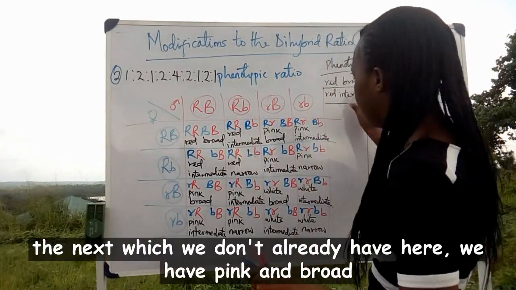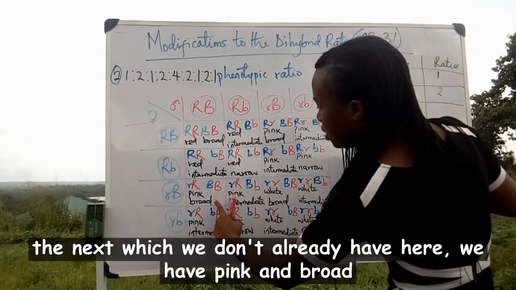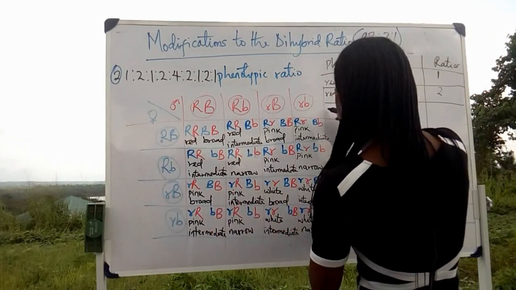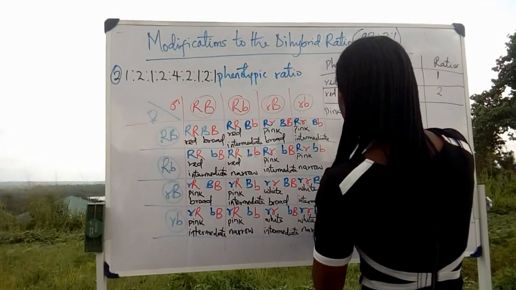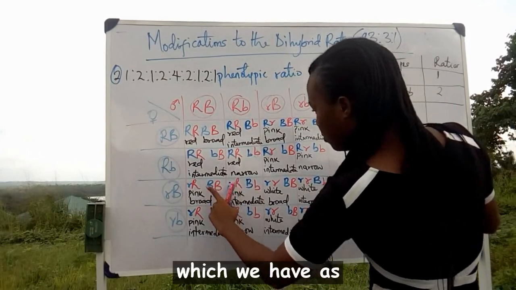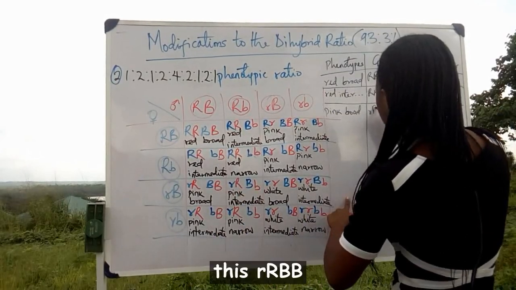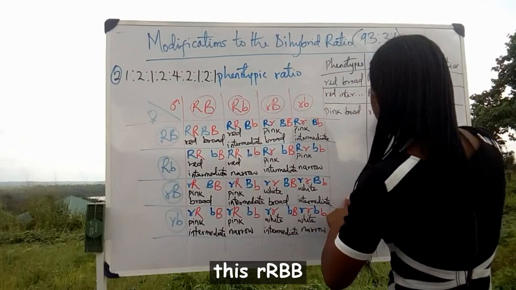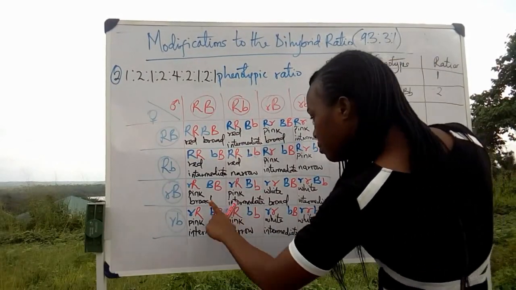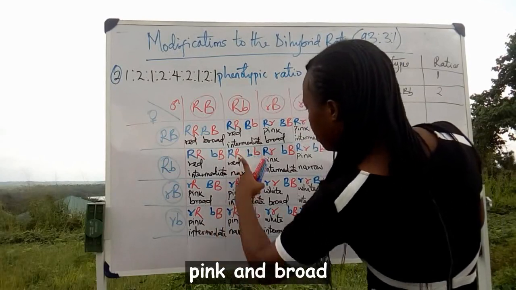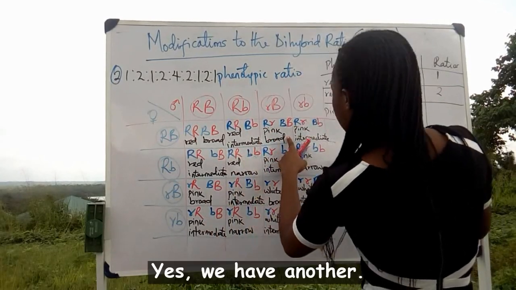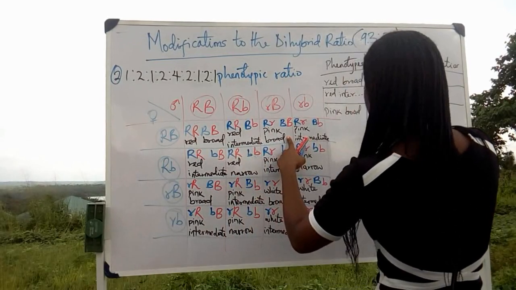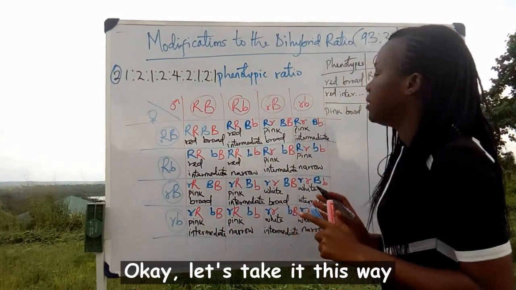The next, which we don't already have here, we have pink and broad, which we have as this, small r, big B, big B. Pink and broad. Yes, we have another. Okay, let's take it this way.